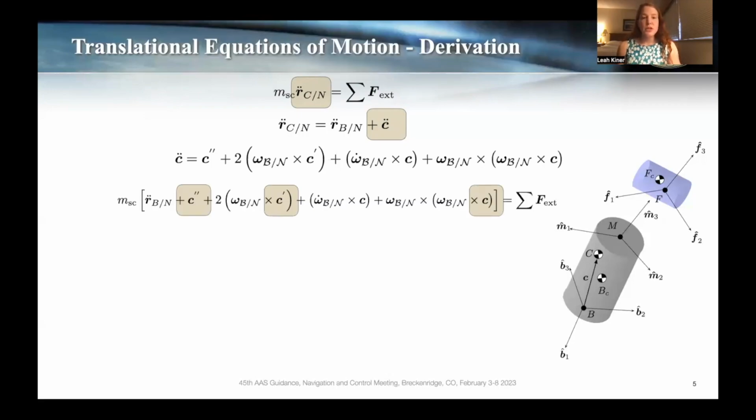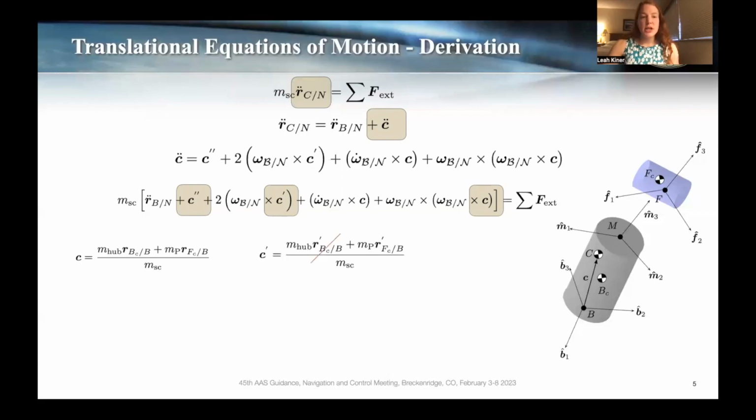So when we substitute this expression c double dot back into our Newton's second law, we still need to find what the c vector, our c prime, and our c double prime are. So we can simply define our c by taking the contributions from the hub and our prescribed body. We are calling this P, so we have a subscript P here, and then we divide by our total system mass.